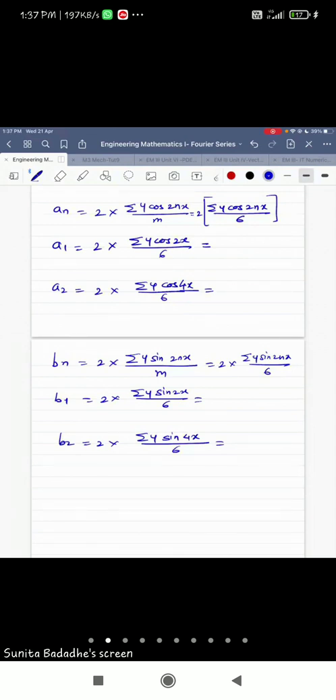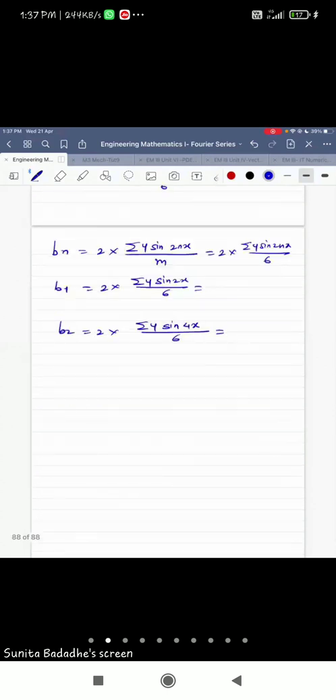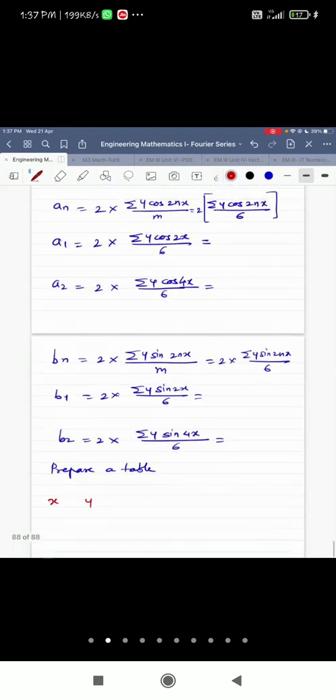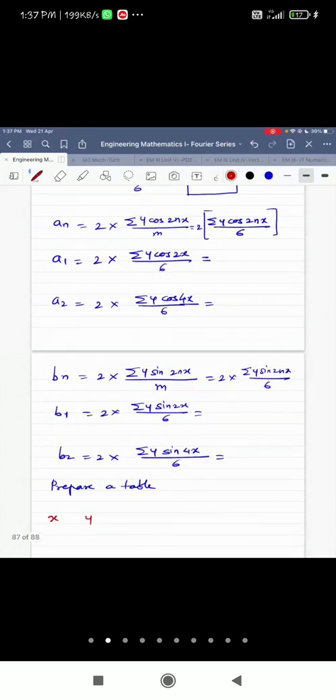Now how to get them? For that we have to prepare a table. Okay, so prepare a table. Table of which values? Now in your table there must be x, there must be y. Now you need summation of y, so y summation we will take.